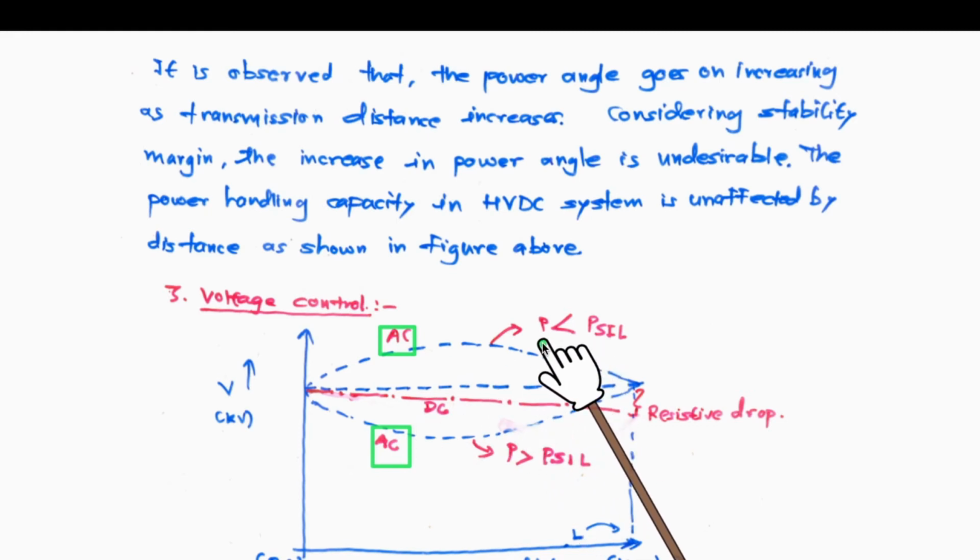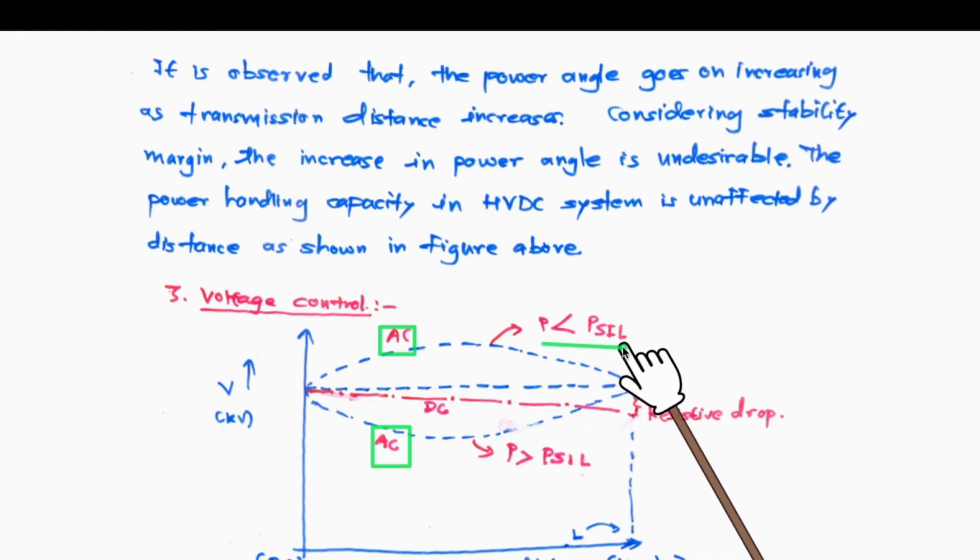One is for loading of the transmission line less than the surge impedance loading, and the other is for line loading greater than the surge impedance loading. Generally, surge impedance loading depends upon the transmission network parameters, and it is generally a standard value. It can be calculated from the per unit distance inductance and capacitance for a given transmission network.